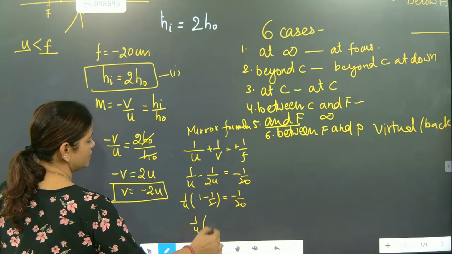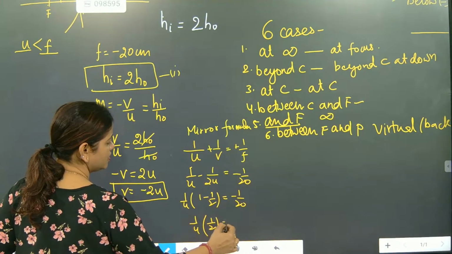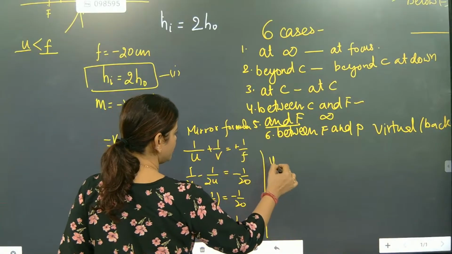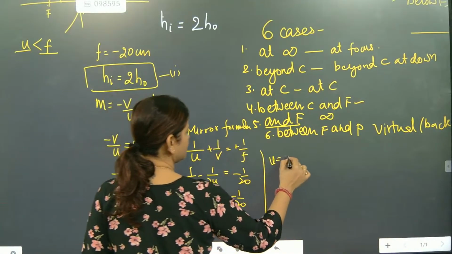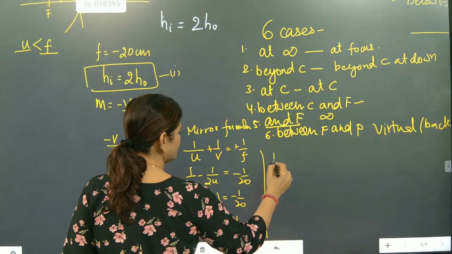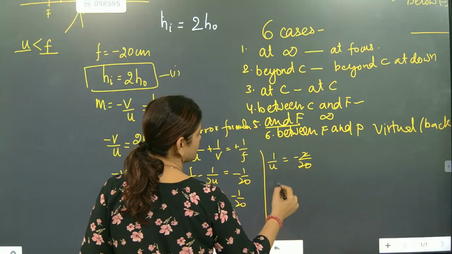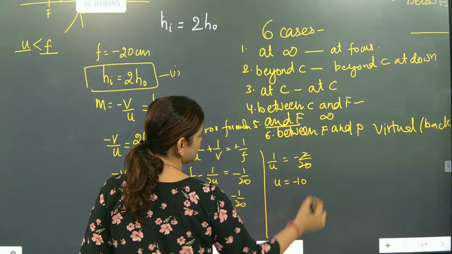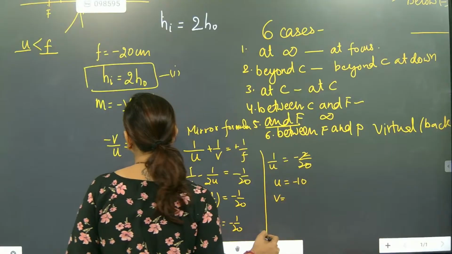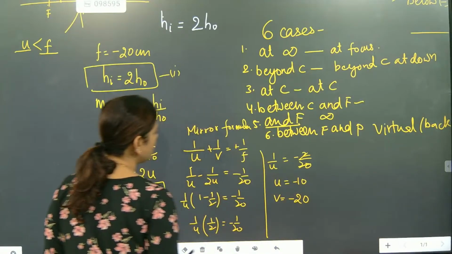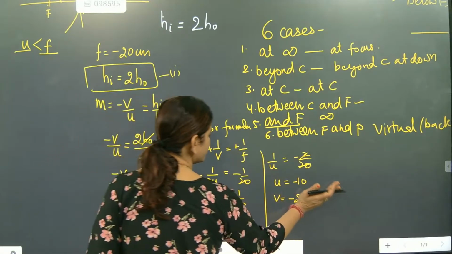So 1 by u is equal to minus 2 by 20. So u is equal to minus 10. So v will be equal to minus 2u, and minus of minus 10 times 2.